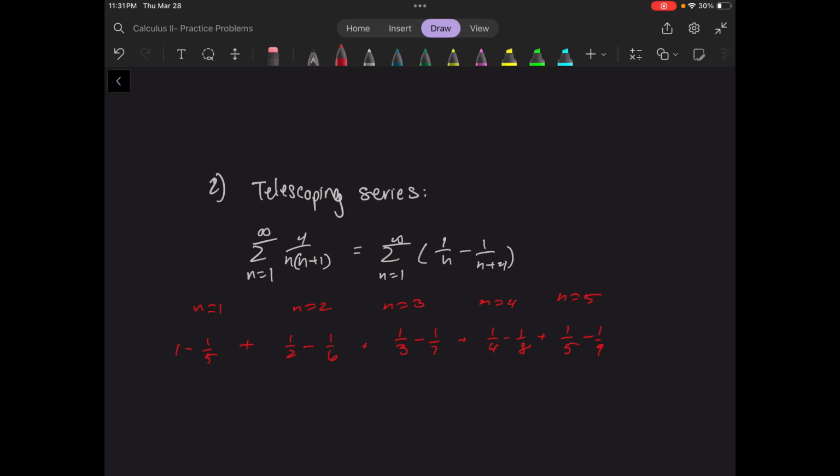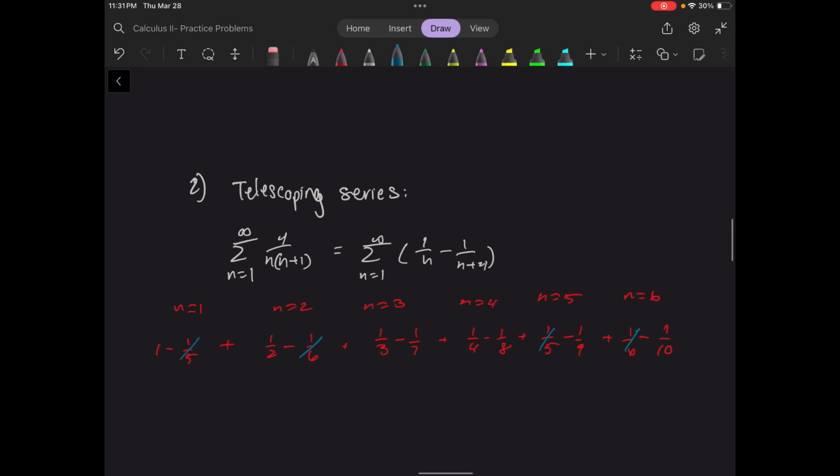So why is it helpful to look at all these terms? Well, notice that this negative 1/5 right here, after a few more terms are written out, will cancel with this positive 1/5. That's interesting. Let's look at n equals 6. We're going to get a plus 1/6 minus a 1/10. And let's see, this negative 1/6 will now cancel with that positive 1/6.